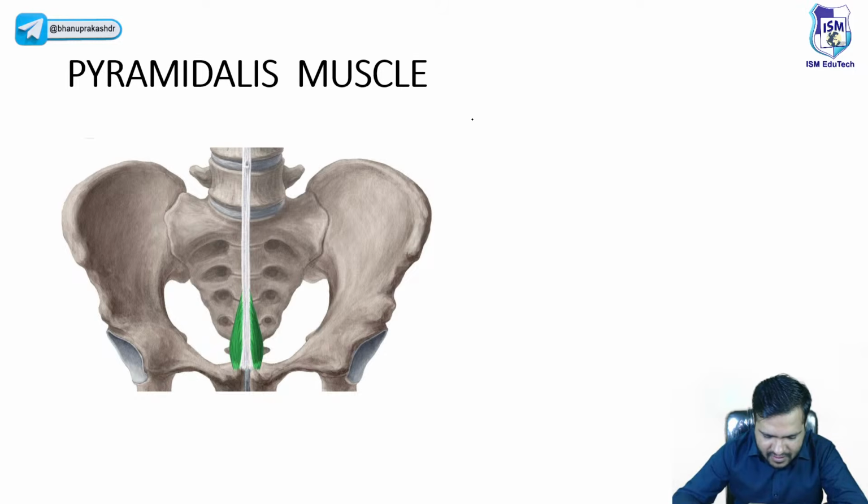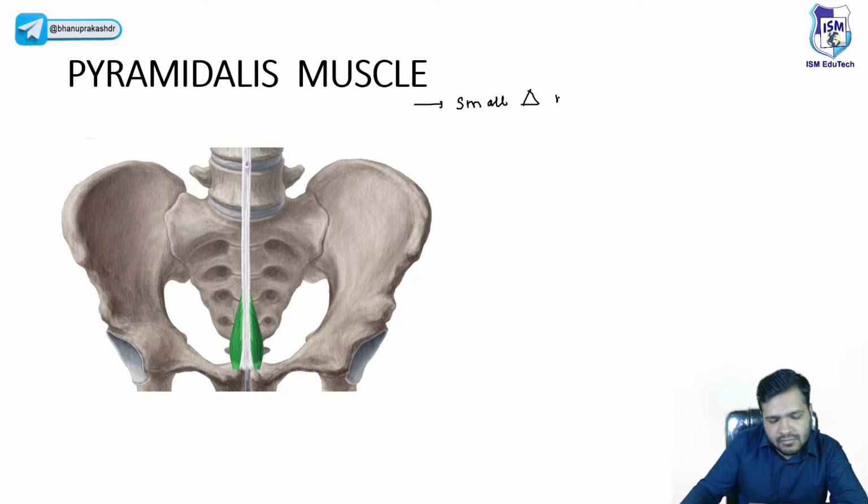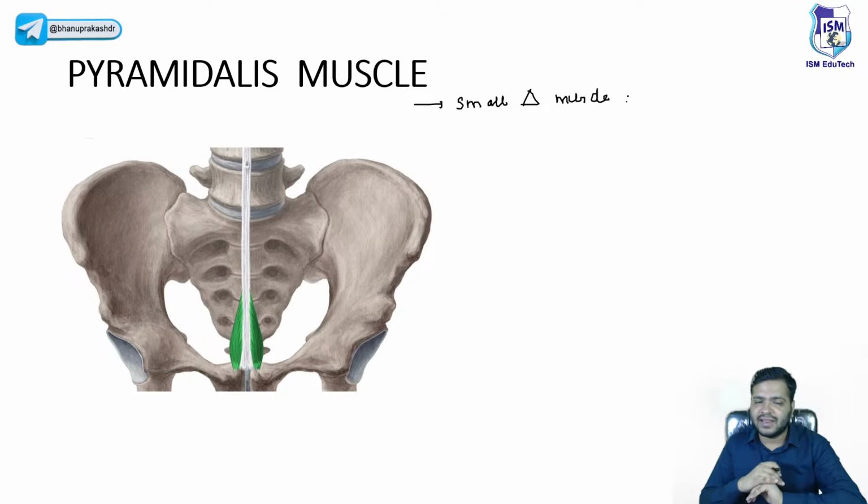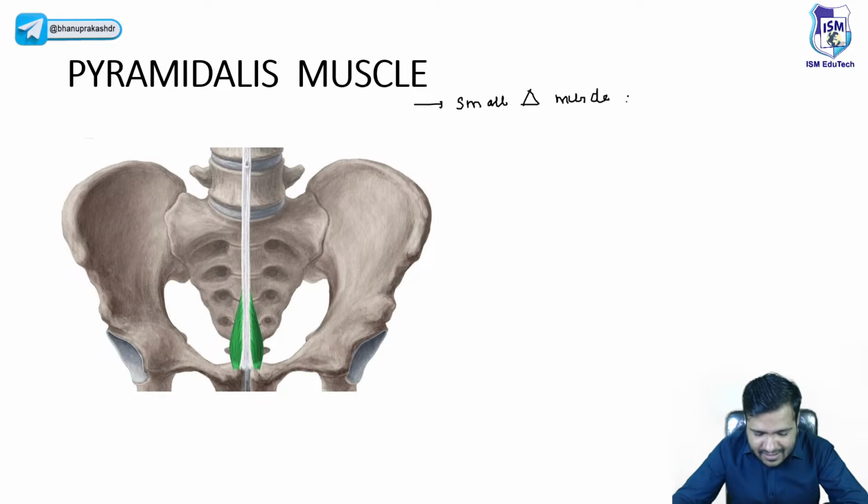So pyramidalis, the very important thing beta, it is not always present. Remember, it is a small triangular muscle, and it is found superficial to the rectus abdominis. Rectus abdominis के ऊपर मिलेगा ये आपको, ठीक है? It is located inferiorly and you can already tell me the origin.